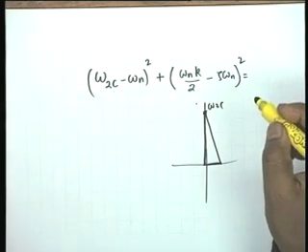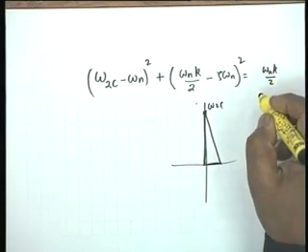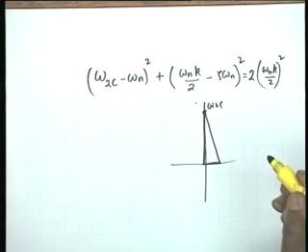Root 2 into omega n k by 2, which was the radius, into root 2, squared. No, I am taking this square, so this multiplied by 2.